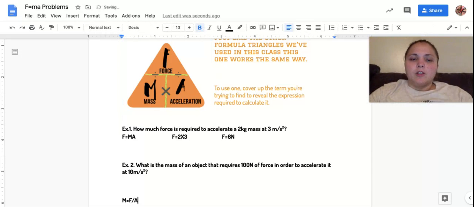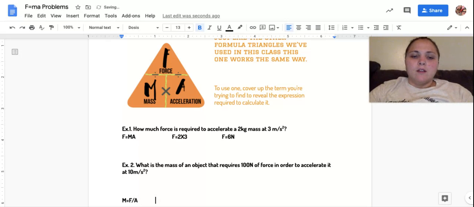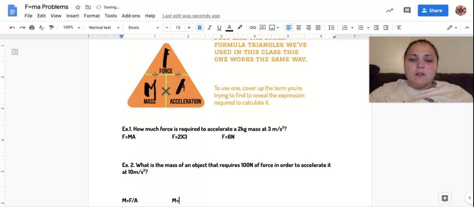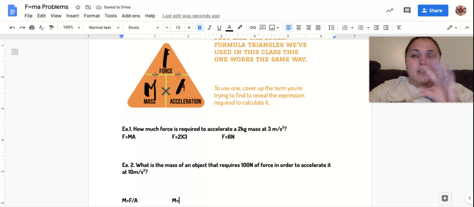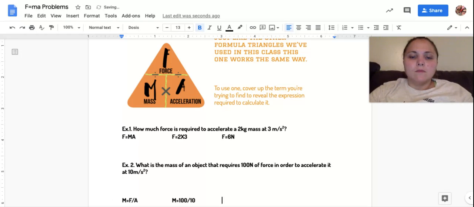When you're typing this out and showing your work, that's all you have to do. Then space over some. And so M equals, let's plug in our numbers. Make sure that we put F on top. The force was 100 newtons, so 100 over 10. And then the mass equals, what's 100 divided by 10?